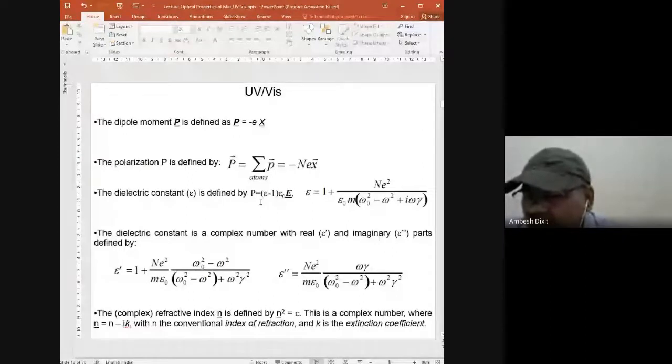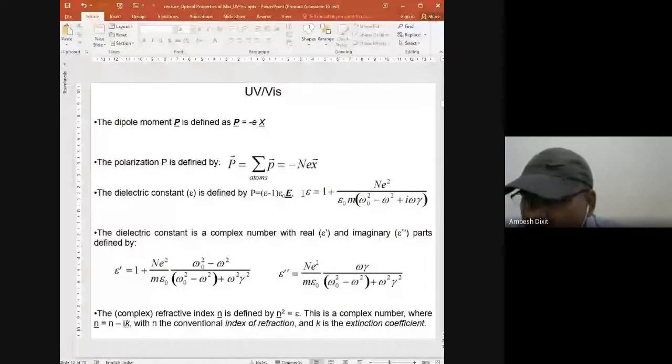I can directly compare: epsilon minus 1 times epsilon naught is equal to the rest of the factor. E will be cancelling. So I got a theoretical expression for the dielectric constant epsilon, or epsilon r, whatever you like, equal to 1 plus N e square over the rest of the things, and epsilon naught, being in the product, will come into the denominator.